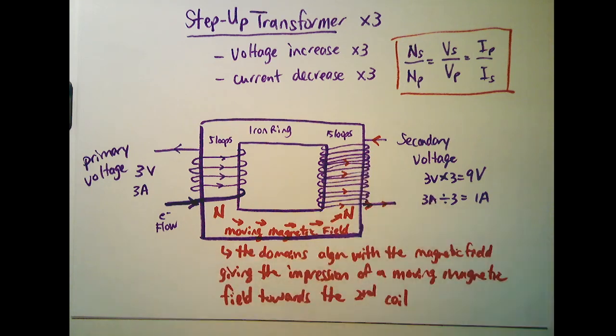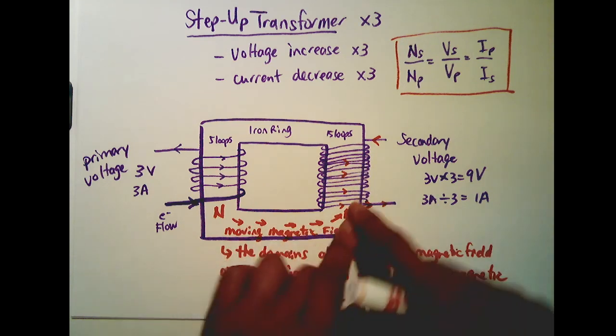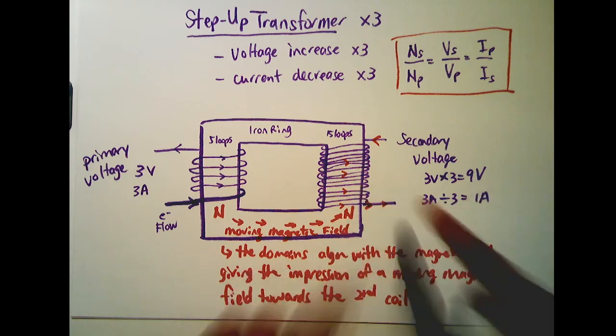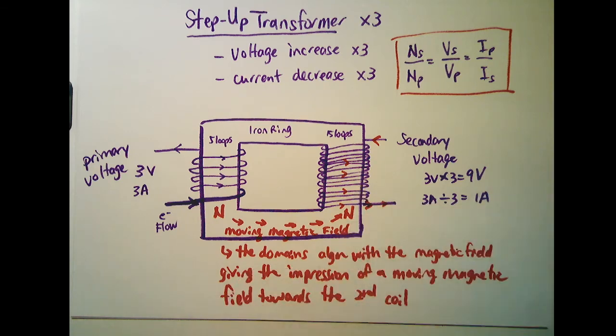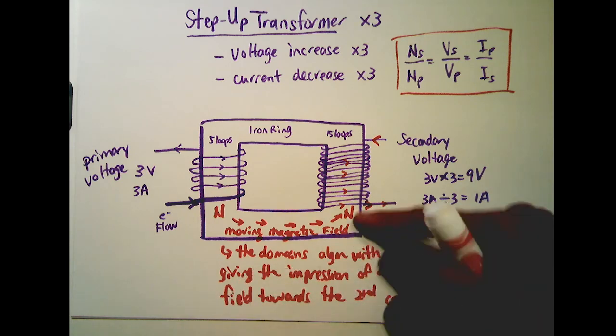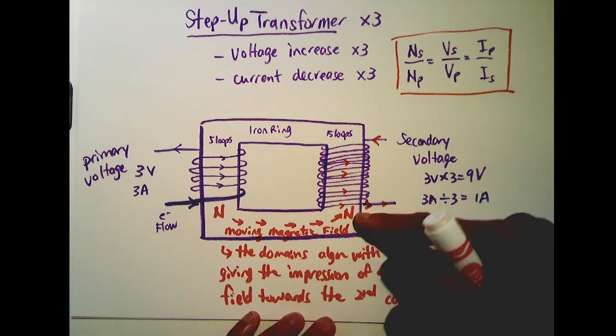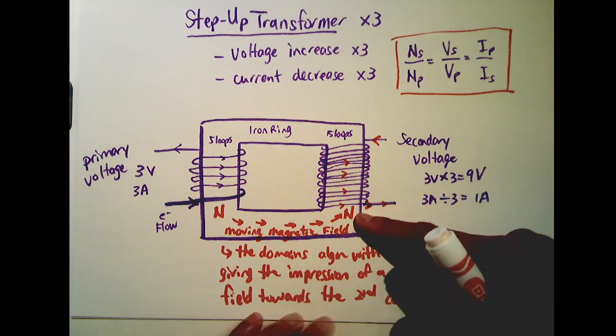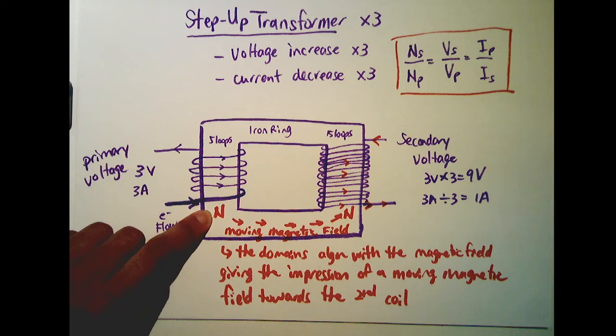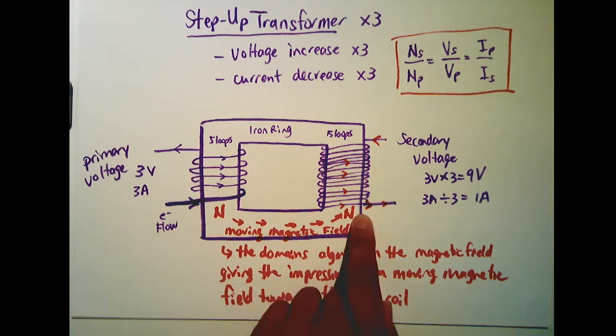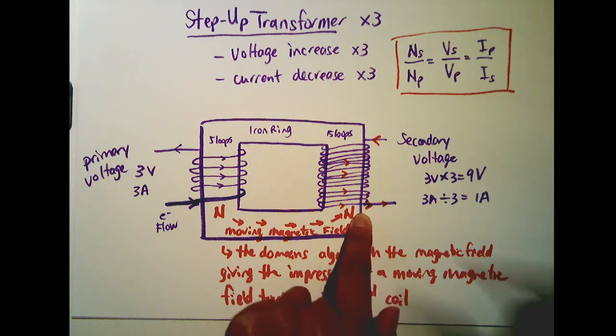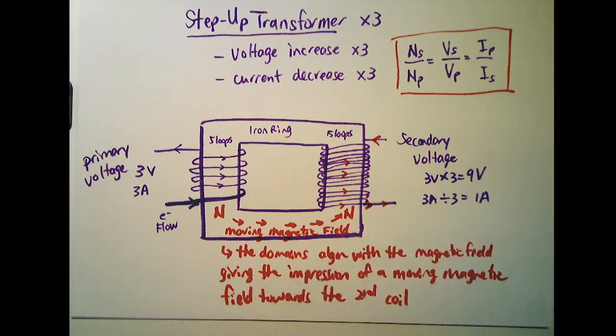These coils will feel like there's a moving magnetic field coming, and it will actually react to counteract that moving magnetic field using Lenz's law and produce another north pole. Now, if this was a south pole, then this will also produce a south pole to try to counteract that magnetic field.